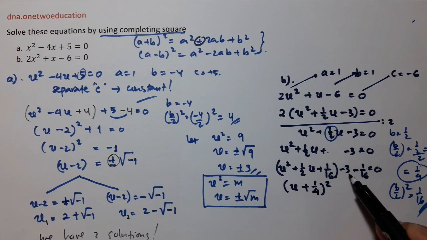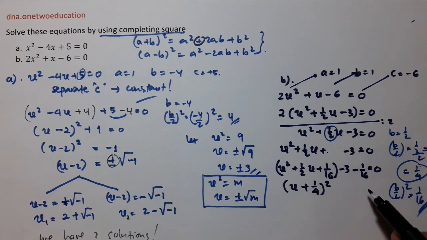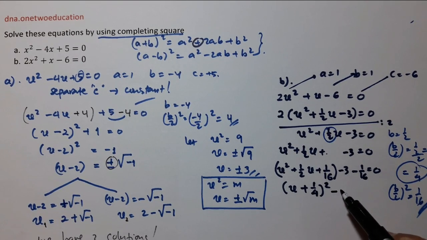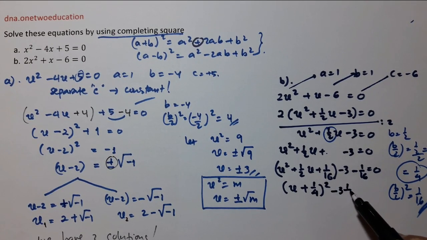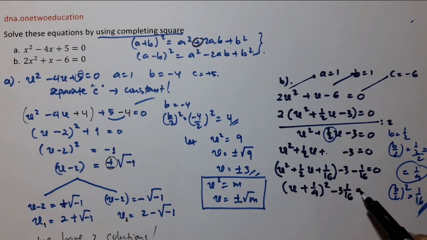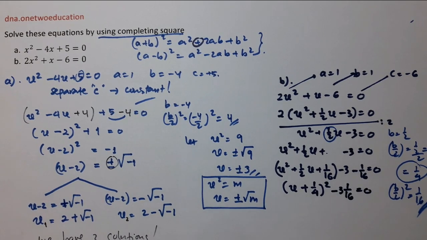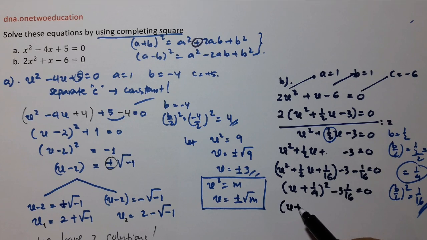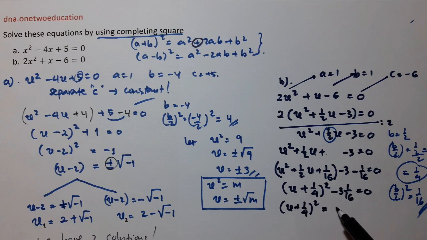Next, minus 3 minus 1 over 16 equal 0. Okay, next, x plus a quarter square equal 3, 1 over 16.